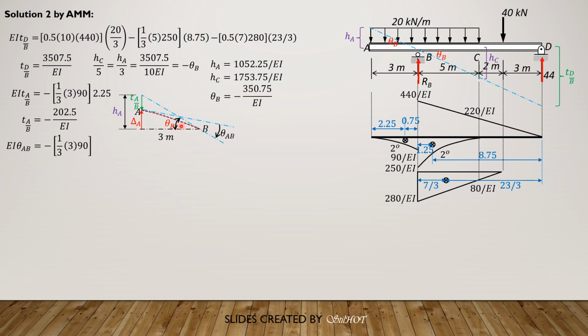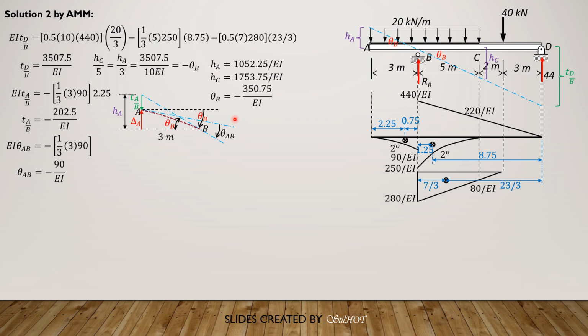So theta B is the angle that the tangent at B makes with the horizontal, which is this entire angle here. That's theta B also, because this is the tangent at B. So obviously this is theta A, which is negative again, because from the horizontal x-axis it rotates clockwise. Clockwise angle is negative.